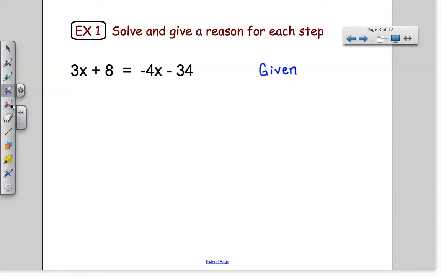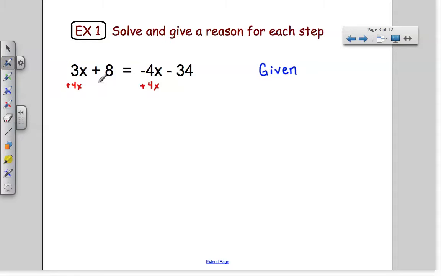Now you should be thinking, what would I do to solve this? And I notice there's variables on both sides. Probably what I would do, and you don't have to show this anymore, but I'm going to do this in red to show what I'm actually doing. I would try to get variables on the same side, so I would add 4x to both sides. It cancels out here.